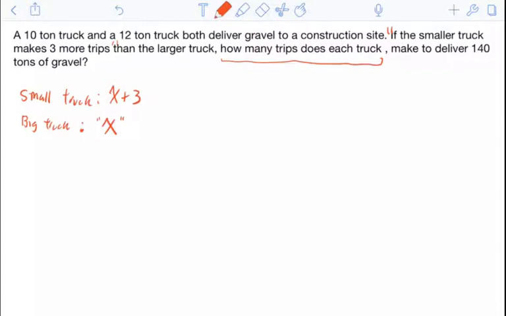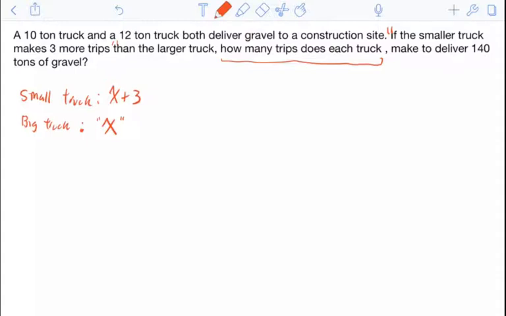So where is the relationship between the different terms? 10-ton truck, 12-ton truck. One of the trucks brings 10 tons in at every trip, and the other brings 12 tons in every trip. The smaller truck makes 3 more trips than the larger truck, and they're going to deliver 140 tons of gravel.